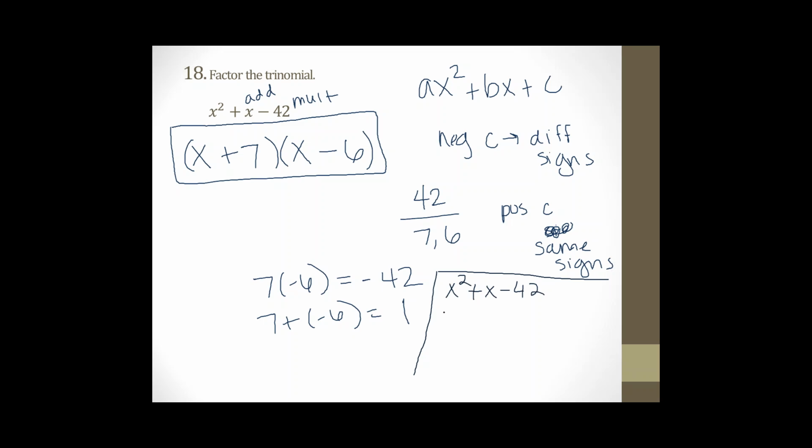Like in the previous problem, you write your empty sets of parentheses, then you are going to square root this first term, which gives you an x and an x. Then you bring down your first sign, which is a plus, multiply the two signs together, which gives you the second sign. So positive times negative is a negative.